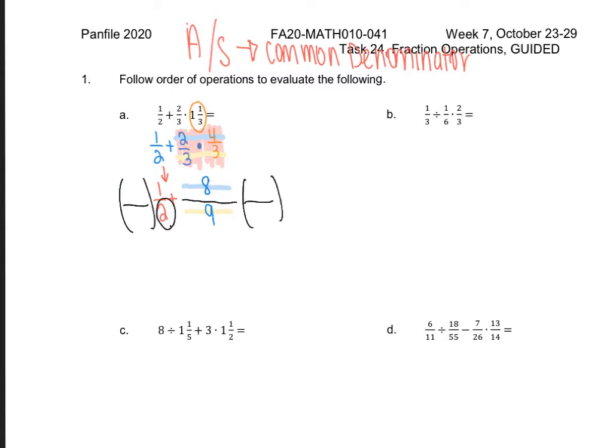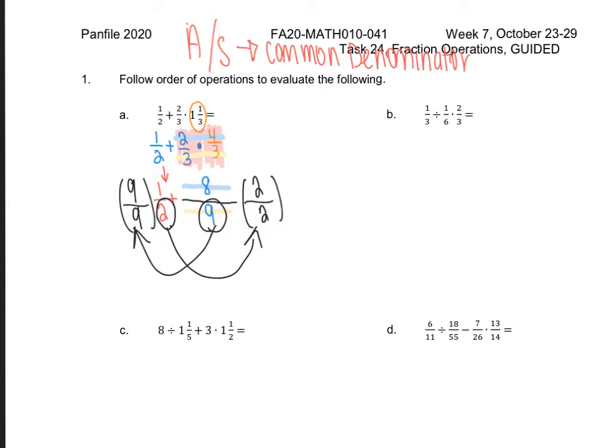I have to take the 2, I have to take the 9, and basically my denominator from the left goes to the right, my denominator from my right goes to my left. I multiply the 2 on the top and the bottom over here. I multiply the 9 on the top and the bottom over here. And then I continue on.